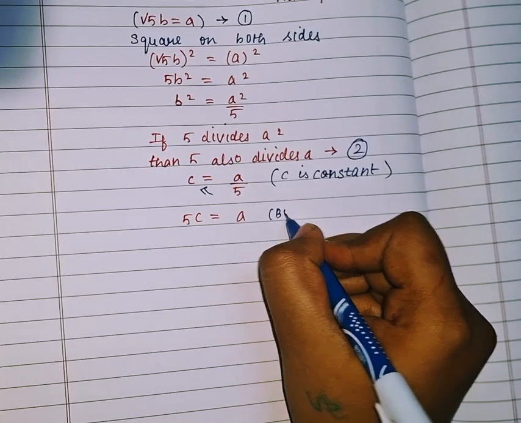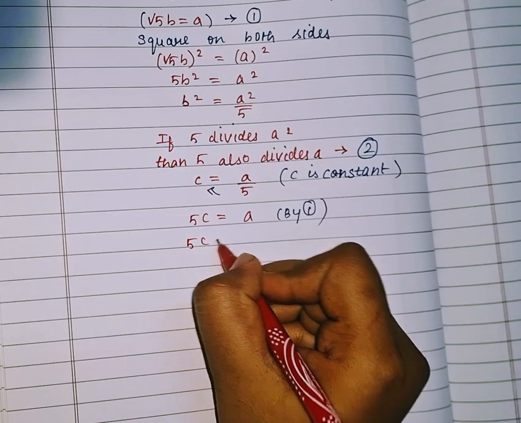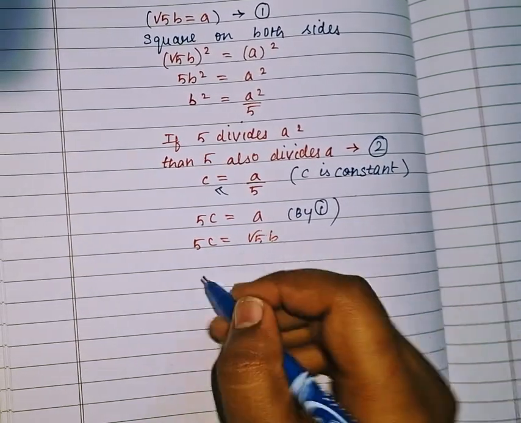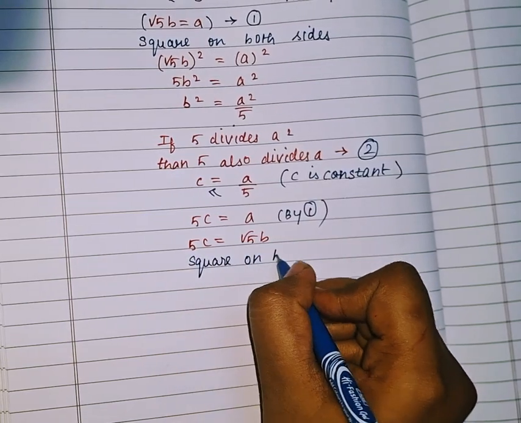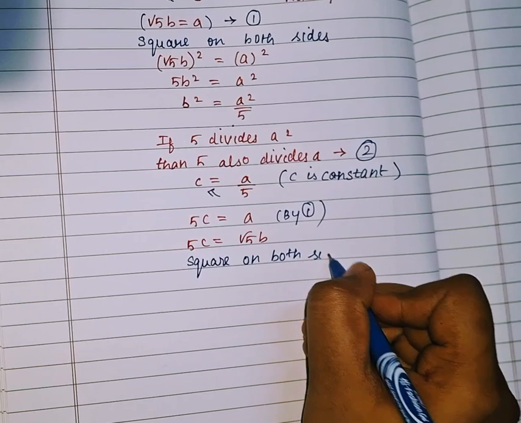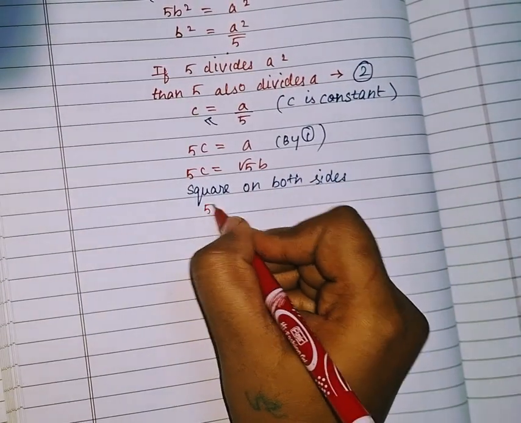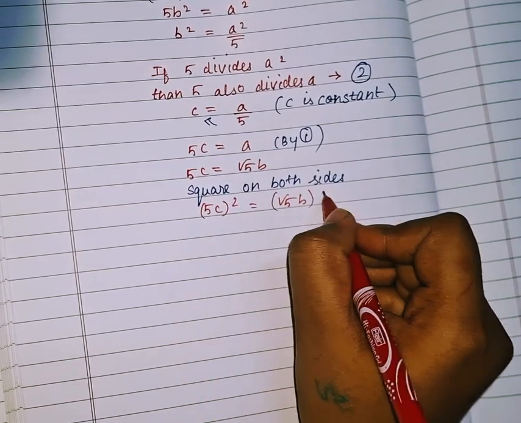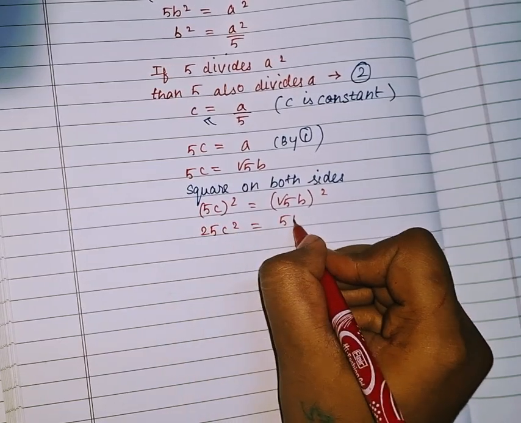By equation 1, 5c is equal to root 5b. Now we must square on both sides. (5c) the whole square and root 5b the whole square. So we'll get 25c square is equal to 5b square.